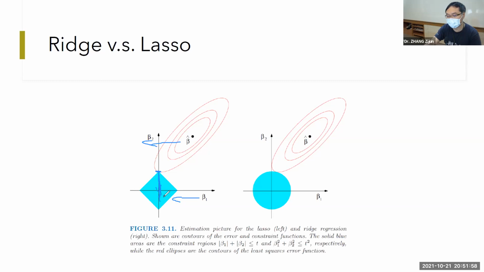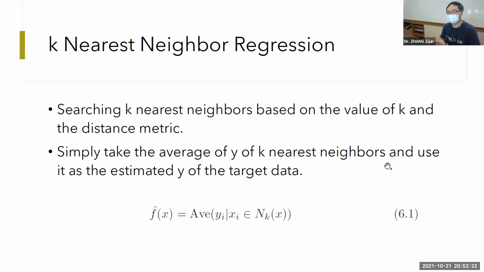Okay. But ridge cannot. When ridge touches this point, this is a beta very close to 0, but not equal to 0. Okay. So this is the illustration of this figure. All right. So this is ridge and lasso.